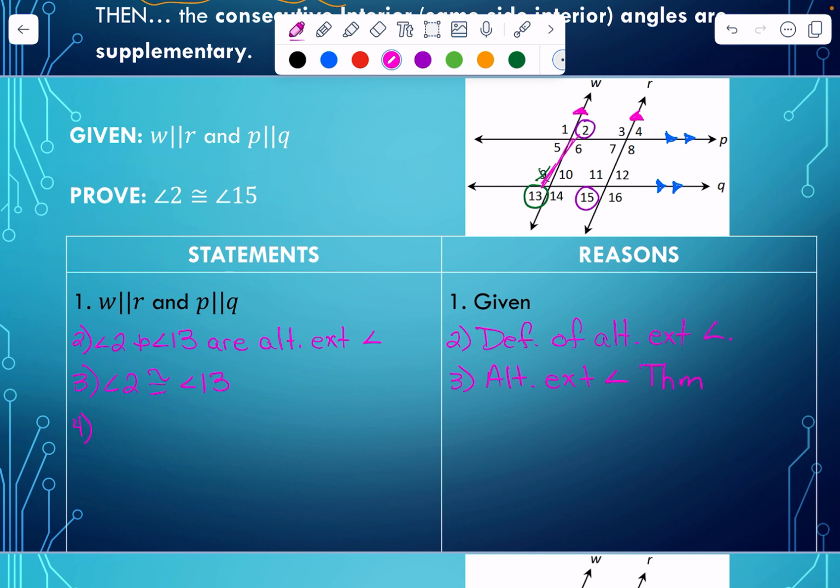So now we have 2 to 13, and we just need to link the 13 to the 15. Angle 13 and angle 15 are corresponding angles, by the definition of corresponding angles.